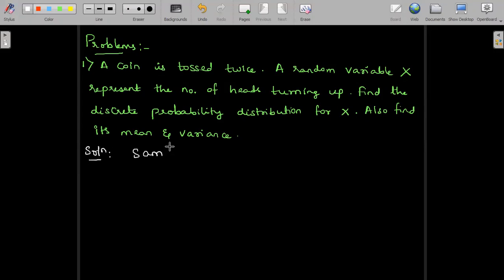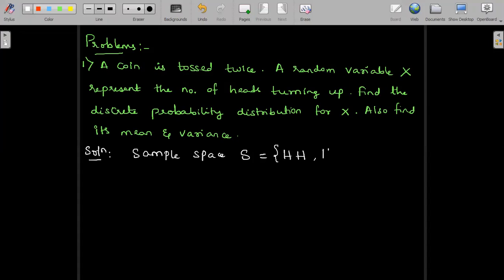We usually denote the sample space by S. So S is given by HH, meaning both times that we toss the coin, a head turns up.